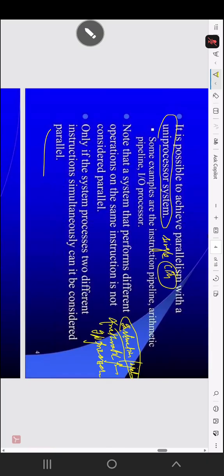In an arithmetic pipeline, complex arithmetic operations like multiplication and floating point calculations are divided into sub operations executed in parallel stages. In an input output processor, input output operations can occur simultaneously while the CPU executes instructions, giving an impression of parallel work.